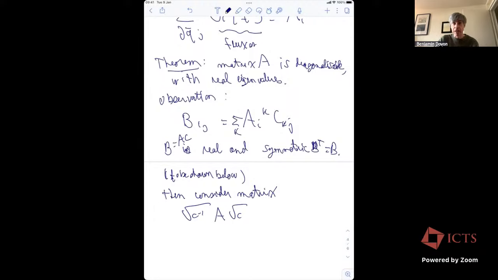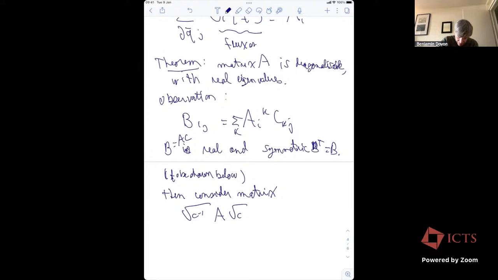Now, remember that C is positive, so it has strictly positive eigenvalues, and the square root makes sense. The inverse makes sense, since there are no zero eigenvalues. It's important that C be strictly positive, otherwise C inverse doesn't exist. So I use positivity of C.